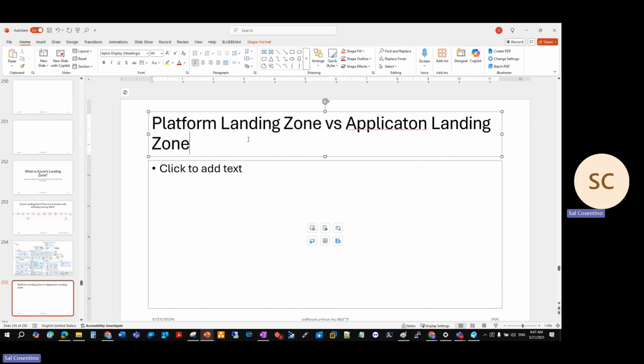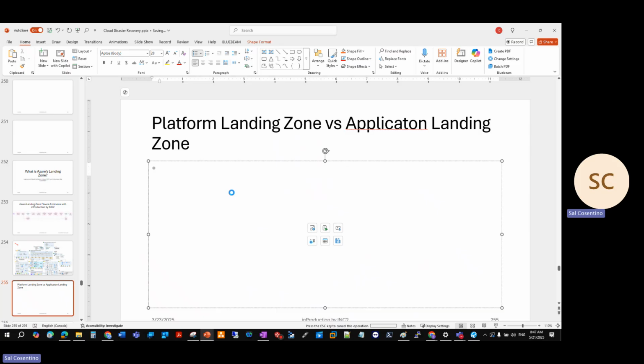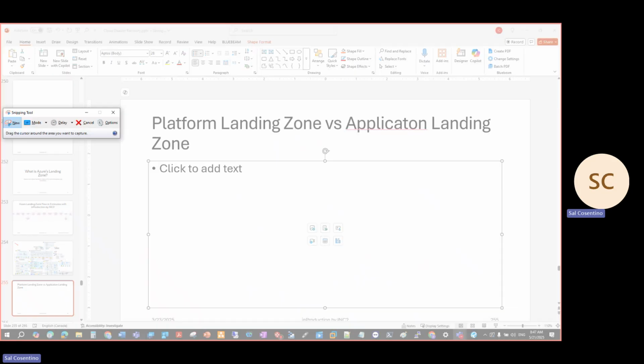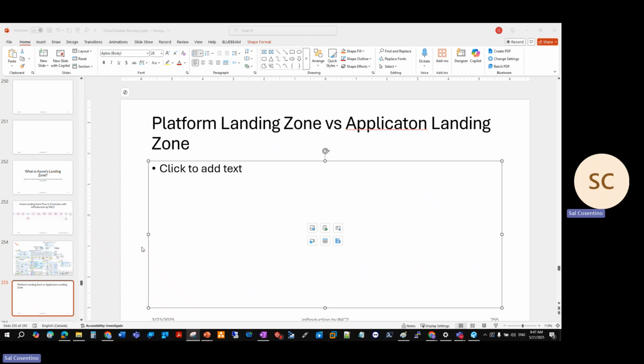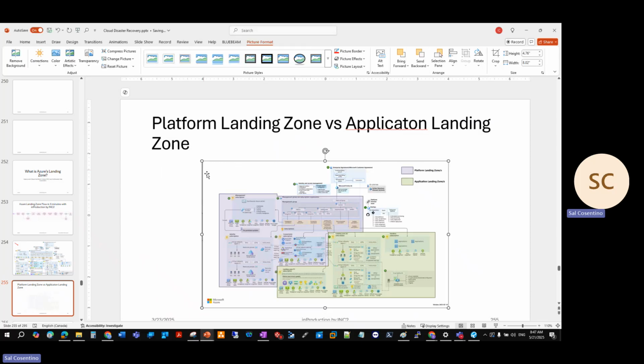Like I said, you have your platform landing zone, and I think I have a diagram here that I'm going to bring up for you guys so that I can talk about it. And do I have it? Give me 1 second, guys. I apologize. And once you see the diagram itself, and this is something that I took from Microsoft's website.